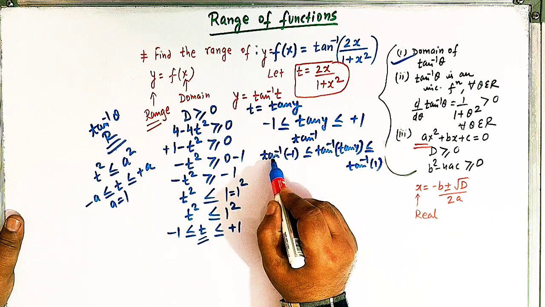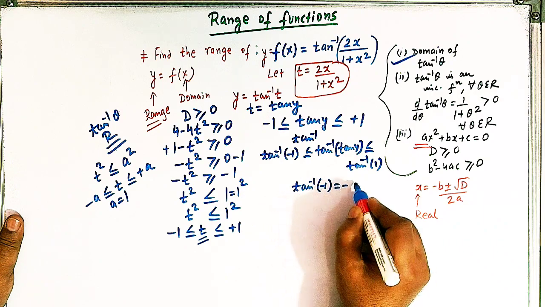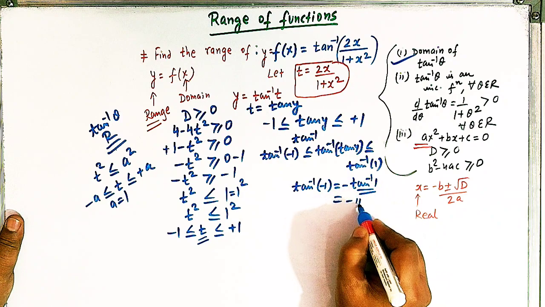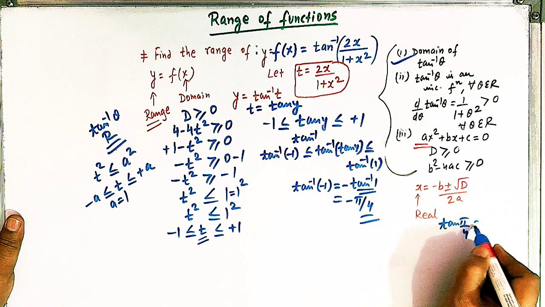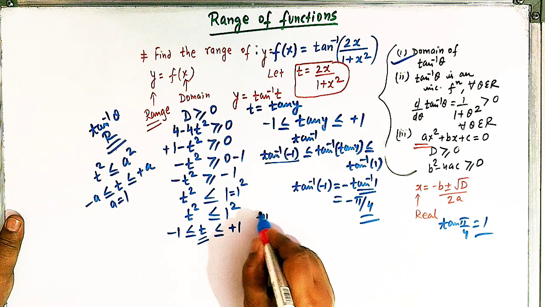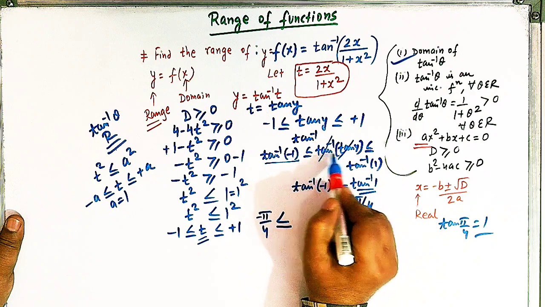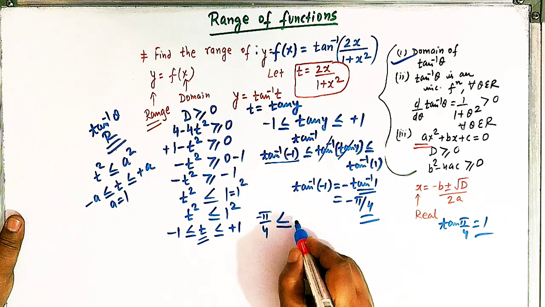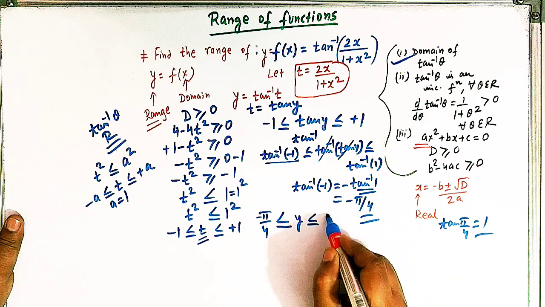So now here tan inverse of minus 1 is equal to minus tan inverse of 1, and tan inverse of 1 is pi by 4, because tan pi by 4 is equal to 1. So here we can write minus pi by 4, and this tan and this tan inverse get cancelled due to the definition of principal value branch, and here we have y, and here tan inverse 1 is simply pi by 4, right?